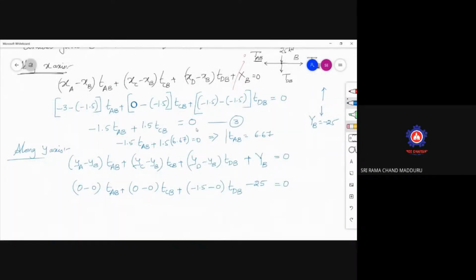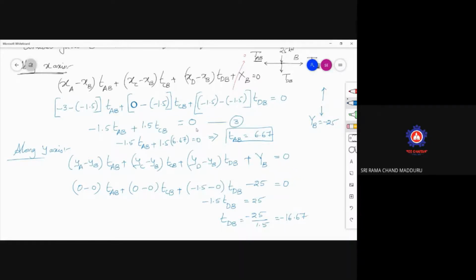Whereas in this one, the coefficients TAB and TCB are 0, so minus 1.5 into TDB equals minus 25, so TDB is equal to 25 by 1.5. Don't give any units; this is a tension coefficient.